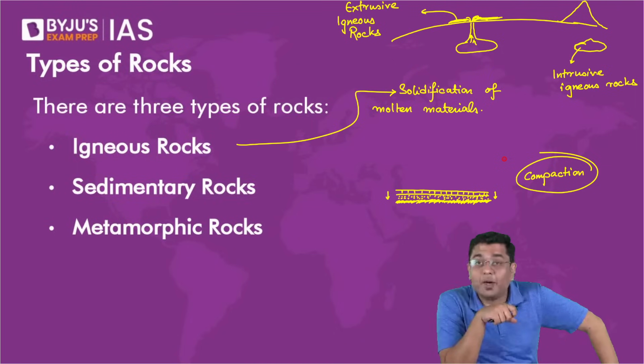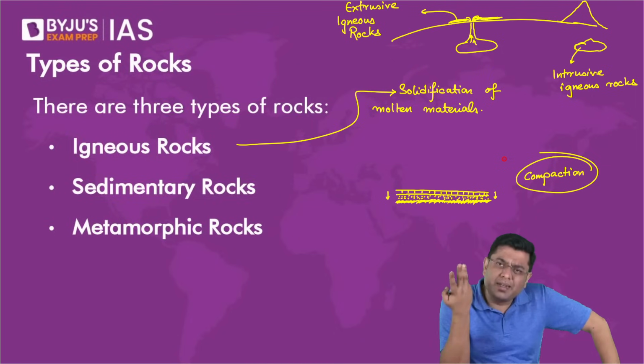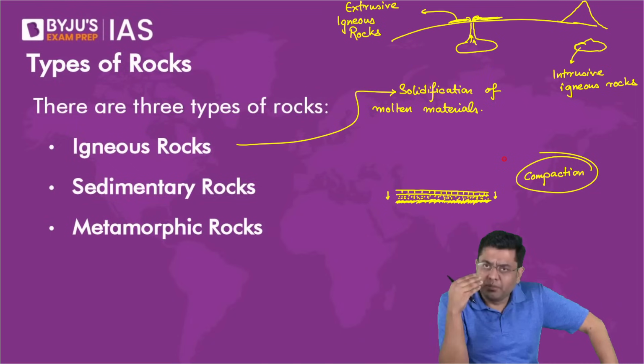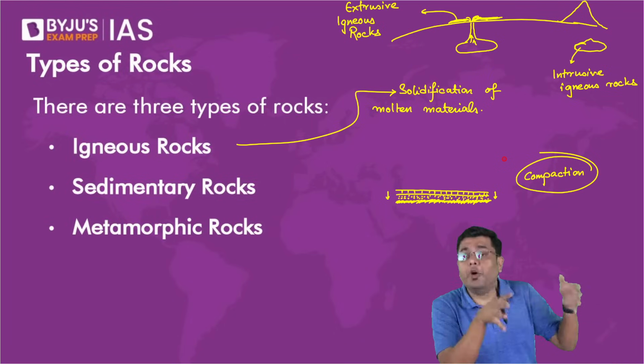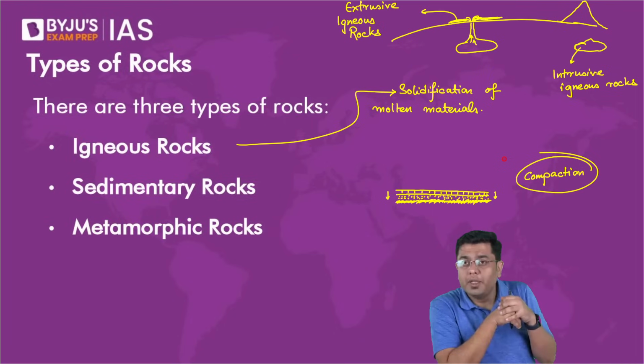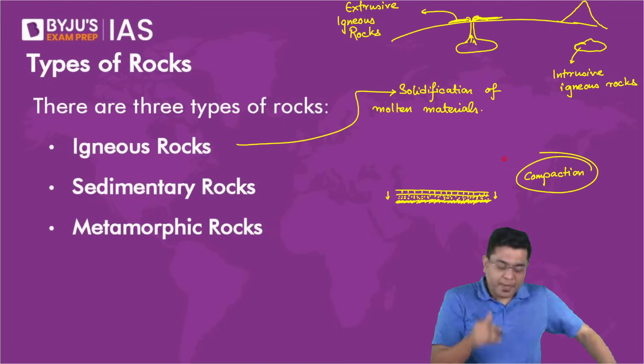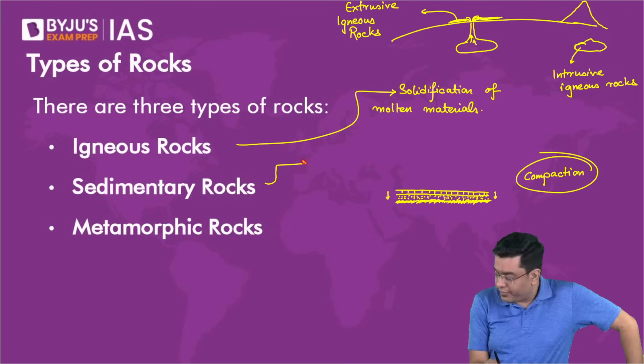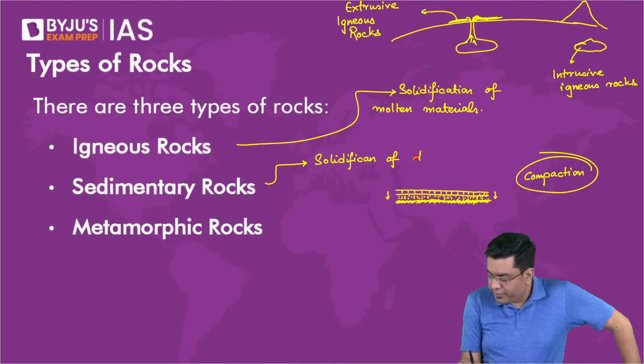So that is how sedimentary rocks can be created. It can get created by the existing rock getting eroded, and those deposits forming another rock, or various different deposits combining together to form a sedimentary rock. So that is how they are created, by solidification of deposits.